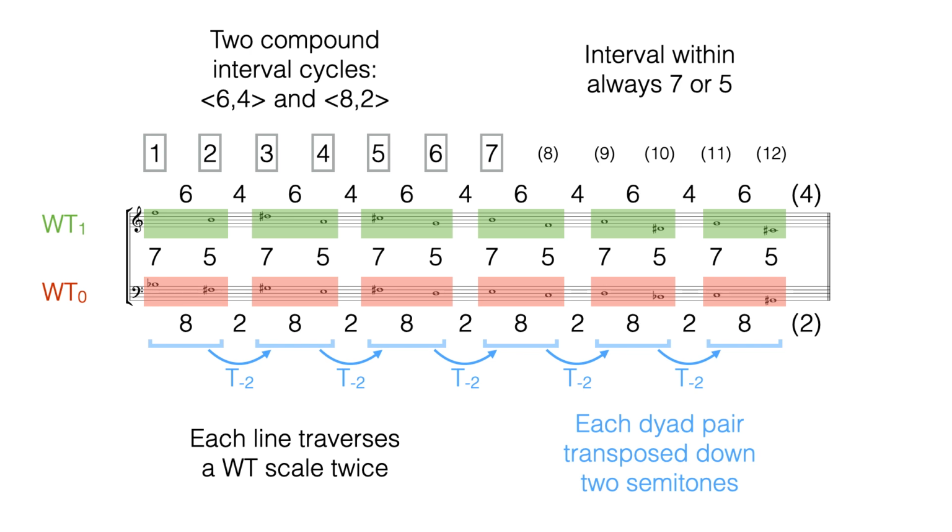The first pair of dyads moves down a whole tone to the second pair of dyads, and down another whole tone to the third pair, and so on to the end of the array.